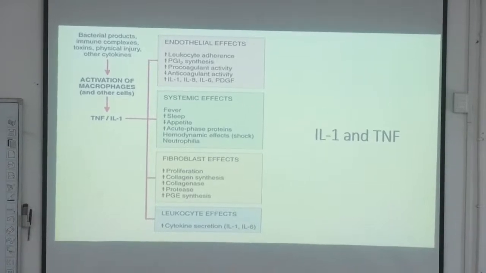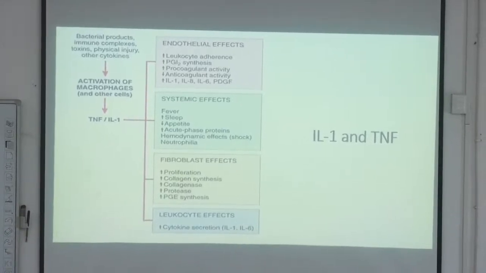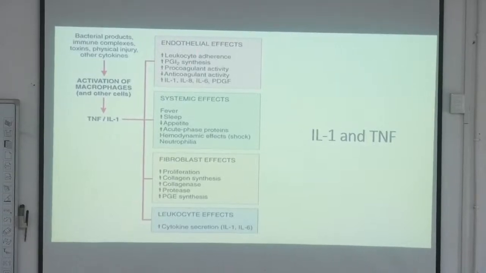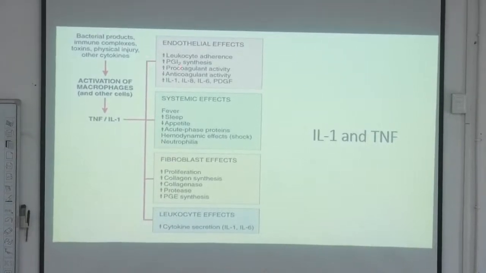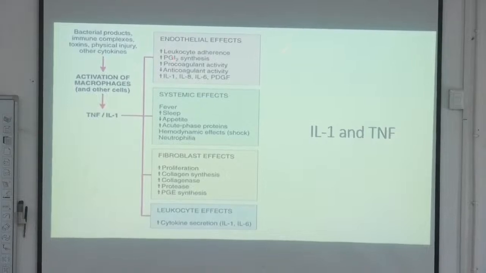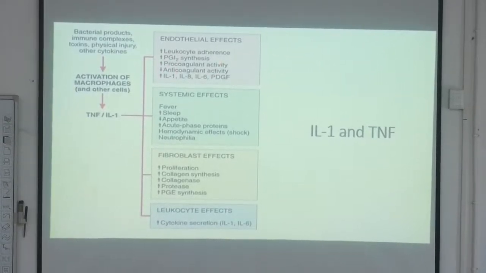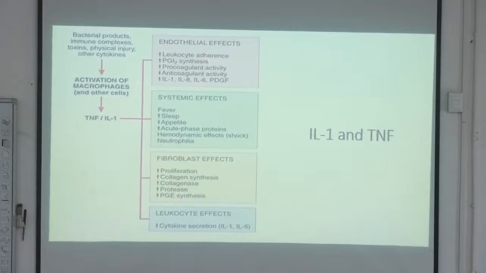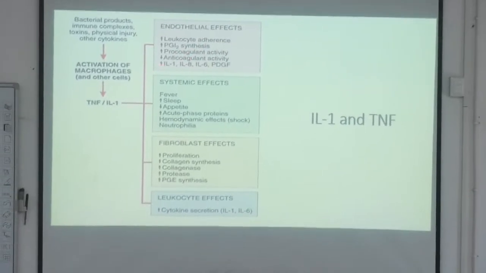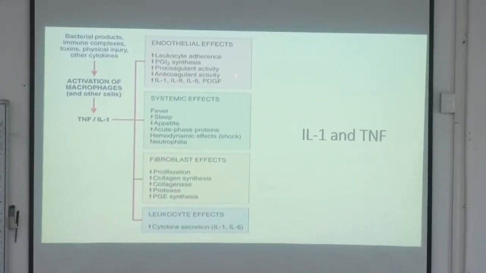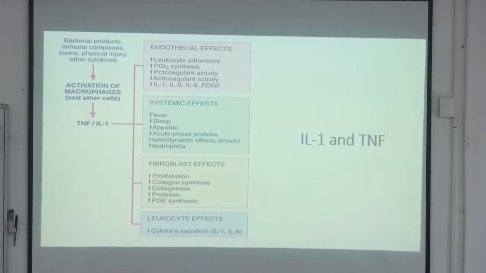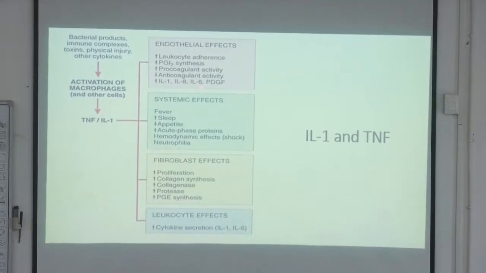Coming to the endothelial effect: increased leukocyte adherence, increased prostaglandin or prostacyclin synthesis, increased procoagulant activity, decreased anticoagulant activity, and increased secretion of other cytokines like interleukin 1, interleukin 8, interleukin 6.